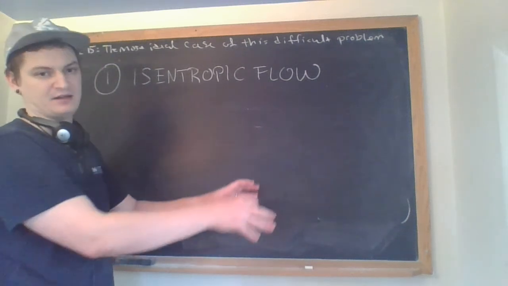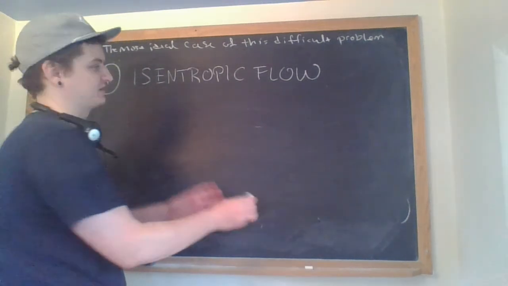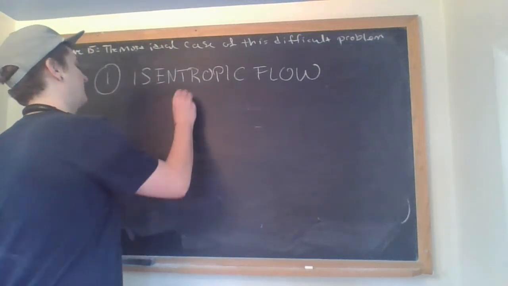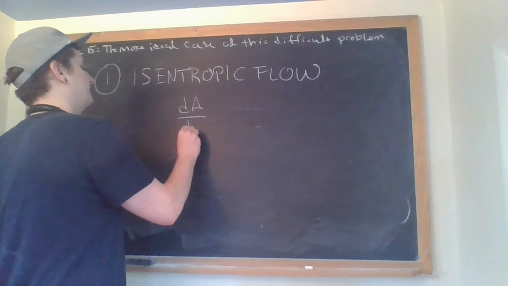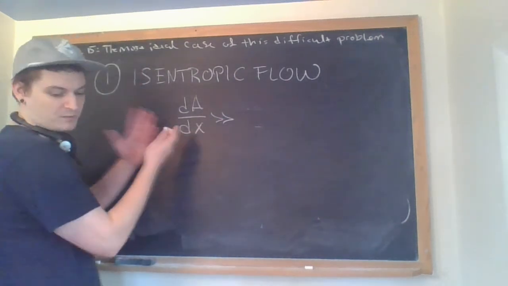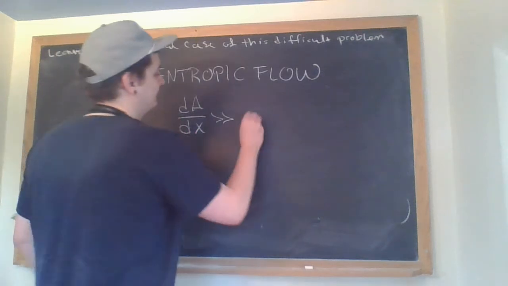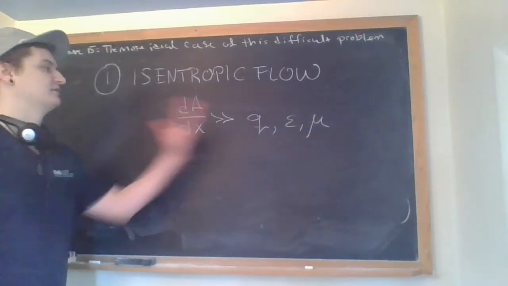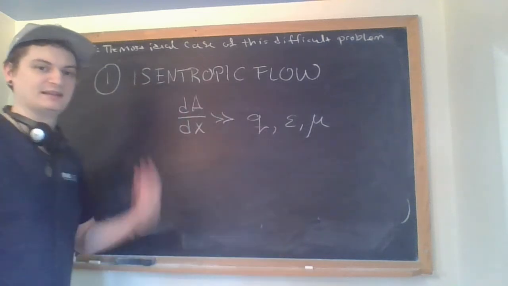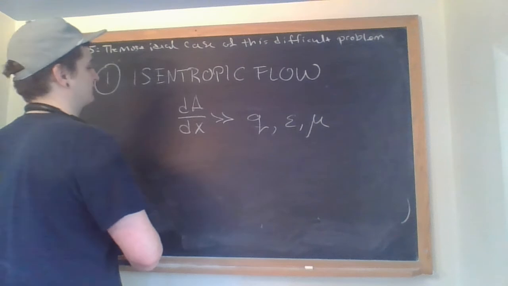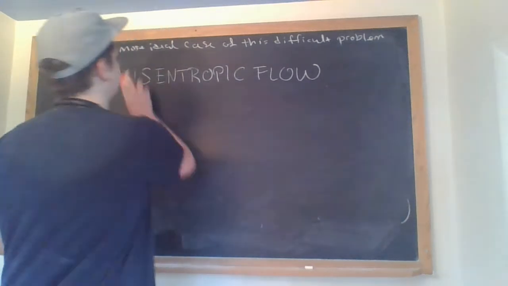Even if there was heat transfer or viscous losses, in this situation what matters most is this, a much larger effect than that Q or that. So this just matters more than the other ones. And the same thing is true for the other types of problems we had. It's just ranking their orders. So the isentropic is that situation.